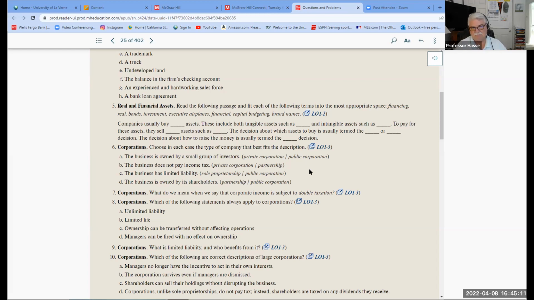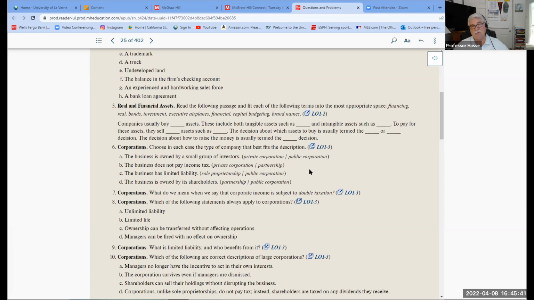The business does not pay income tax, private corporation or partnership. That's a partnership. The individual partners have to pay the tax on their individual returns, but the company does not pay the tax. It's the individual owners, and they have to file it on their personal returns, and that's how the tax is paid.